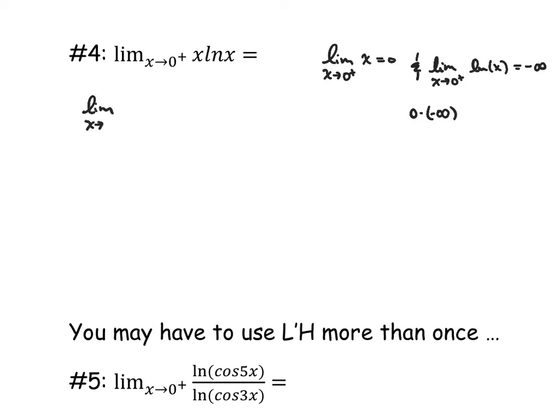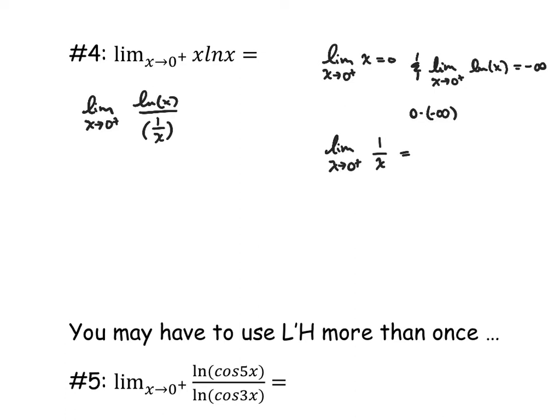When you get this 0 times infinity form, what you want to do is somehow get it into a form like this, right? Some kind of division, some kind of ratio or quotient. Okay, so now if I look at this in a different light, if I look at 1 over x coming from the right, what would that equal?